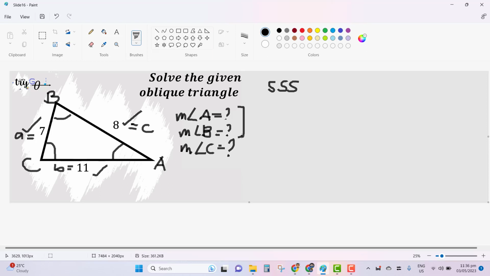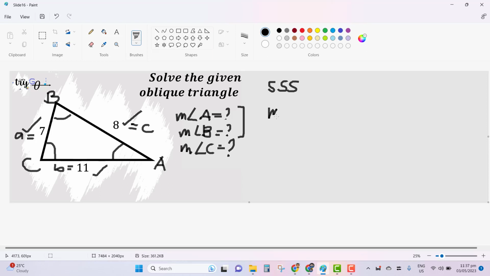If we use the formula in solving for all three angles, we might come across a situation where the sum of these three angle measurements is more or less than 180 degrees, meaning it will no longer be a triangle. So again, for the measurement of angle C, being the third angle to be measured, we will just be using the triangle angle sum theorem.